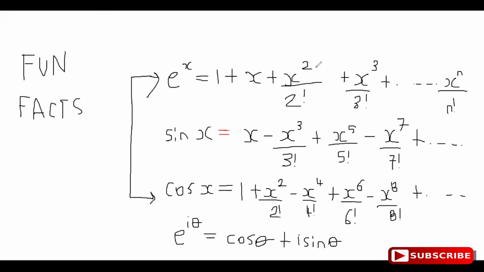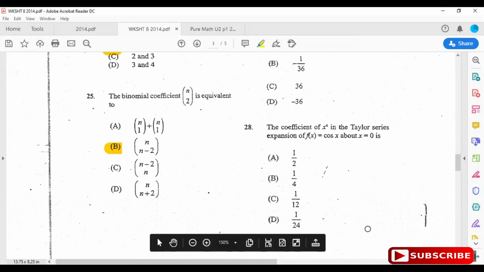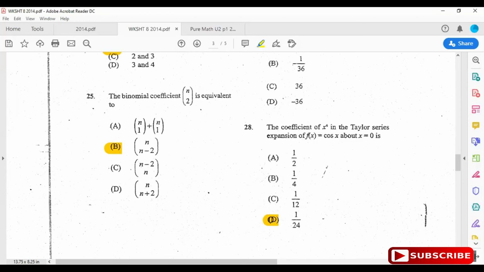And 4 factorial is 24. So instead of, if you just know that formula, it makes it easy to tell the coefficient. Easy. That's 1 over 24.